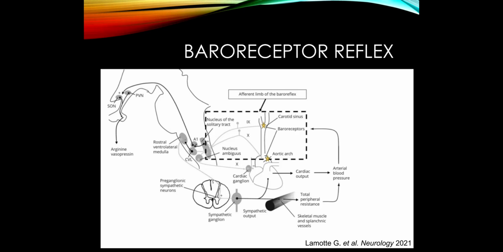Okay? And so since this normally wants to elevate your blood pressure, okay, this is another means. Now you're inhibiting release of something that normally elevates your blood pressure. So it's another mechanism for bringing your blood pressure down as part of this baroreceptor reflex. Okay?